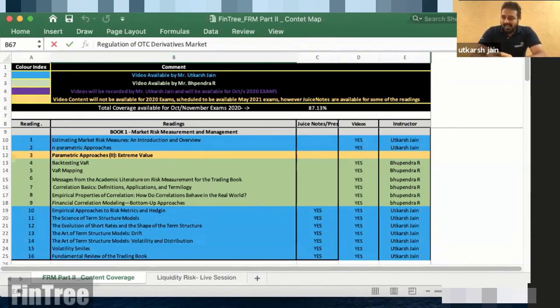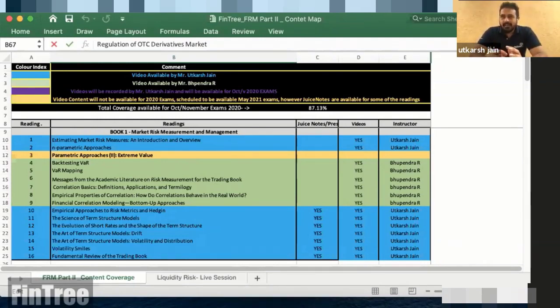What's the expected cutoff for each subject? Kasturi, I don't know that. What I can guess is, so there are two parts to it. Number one, what is an overall aggregate cutoff?